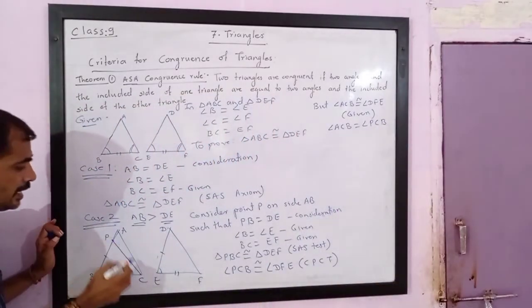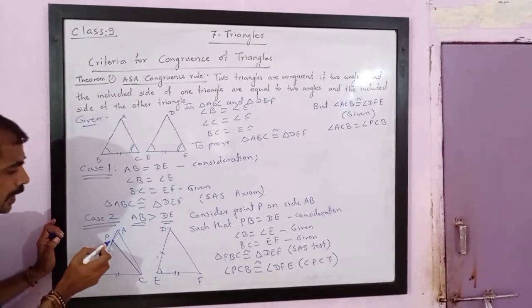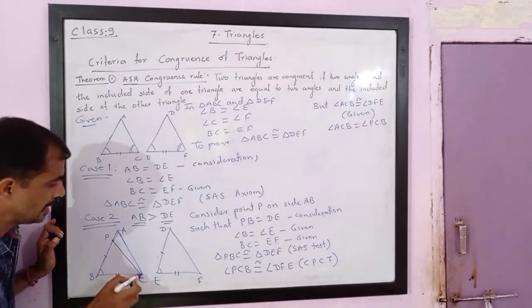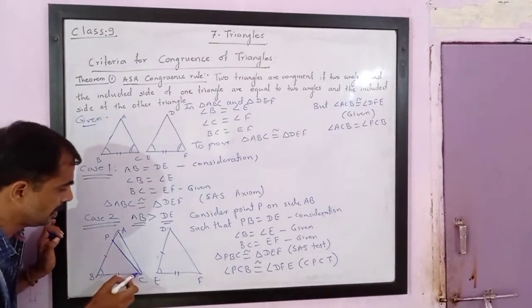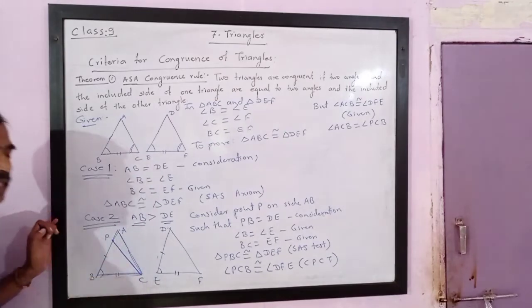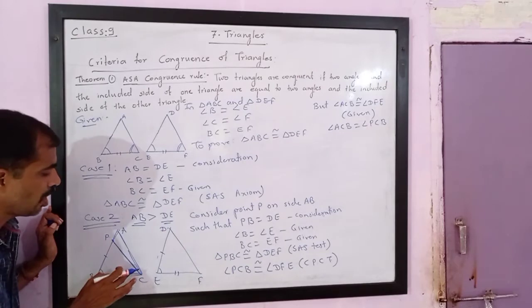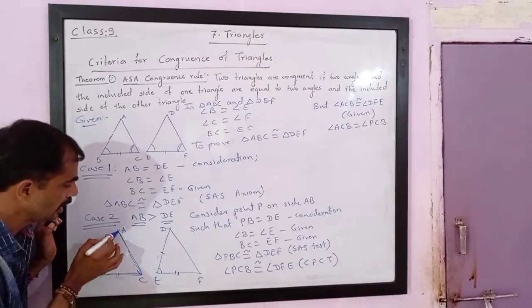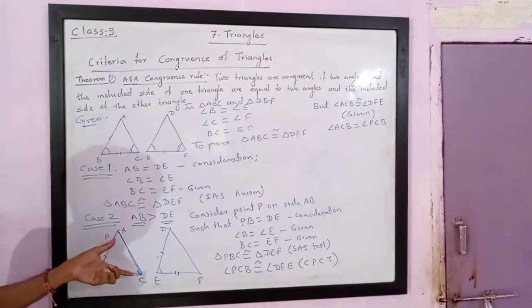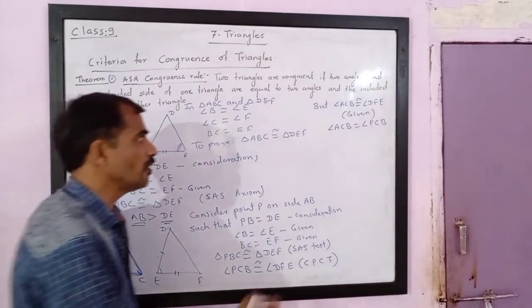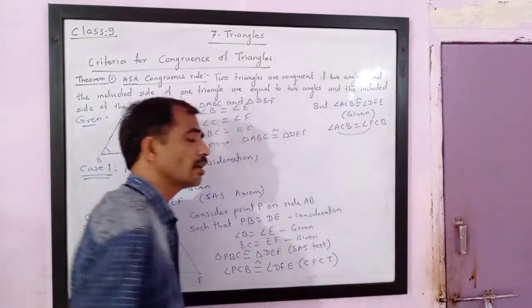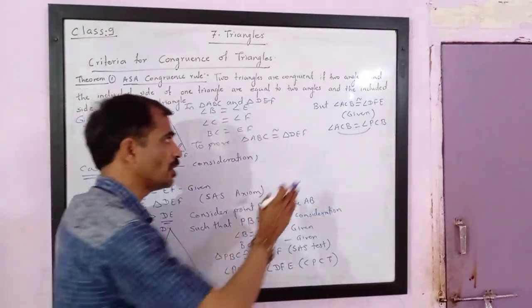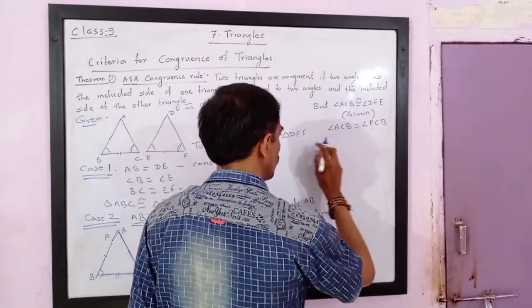This angle and this angle cannot be congruent because they are adjacent angles. They will be congruent only if P is at A. So these two angles will be congruent if A and P are a common point, that is, if A coincides with P.